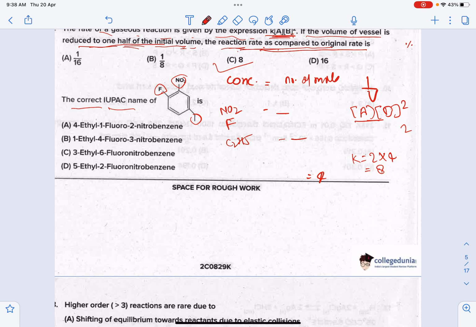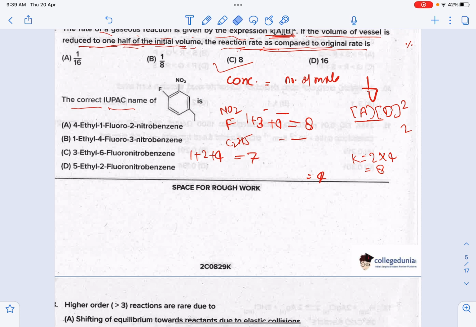Now we put the numbering in the benzene ring such that we get the lowest numbering. If we start numbering from here, 1 2 3 4 5 6, we get 1 plus 2 plus 4. And if we start from here, we find 1 plus 3 plus 4, and the sum is equal to 8, the other sum is 7.